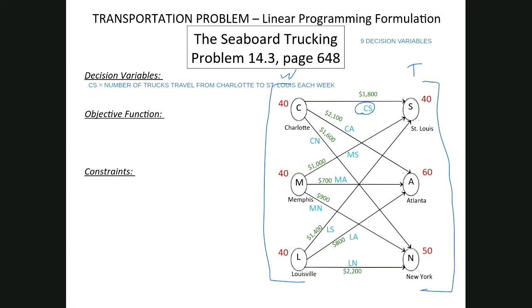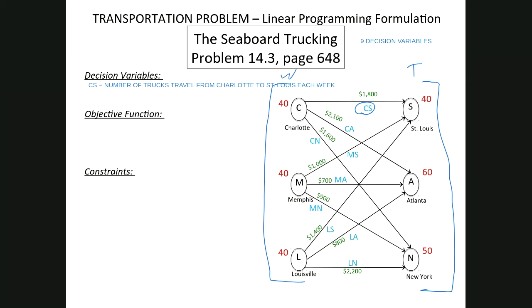And if you'll notice, I've taken all of the information that was in that table, and the green figures represent the profit on each one of these routes. And so the objective function is going to have 9 terms, and of course we want to maximize our Z value, which in this case happens to be profit.